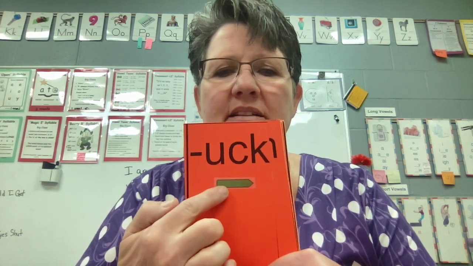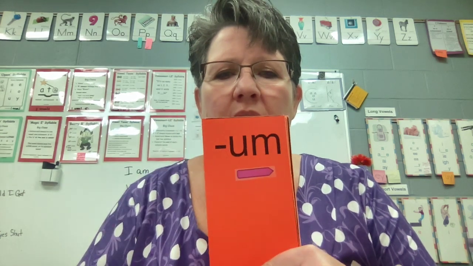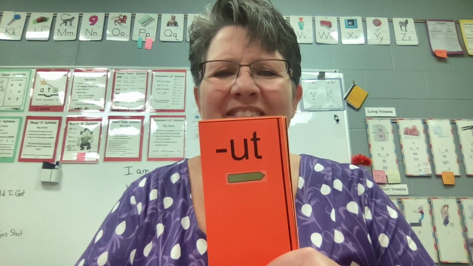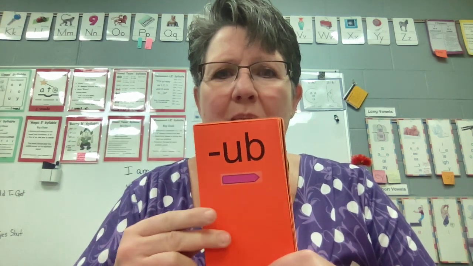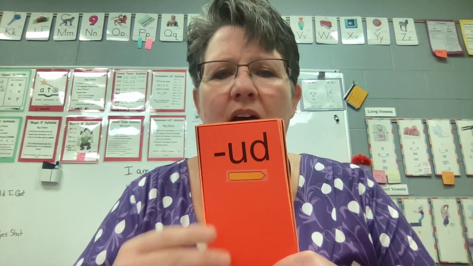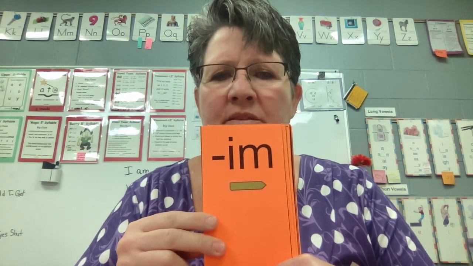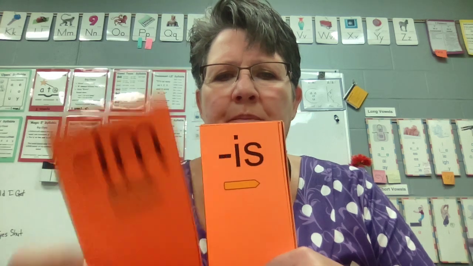These arrows designate that we want the students to read from left to right. Ut, ub, hopefully that's right, yep. Un, ud, im, like dim. Remember, we're not going to say I'm on this one. It's not a capital I. This is im, like dim.